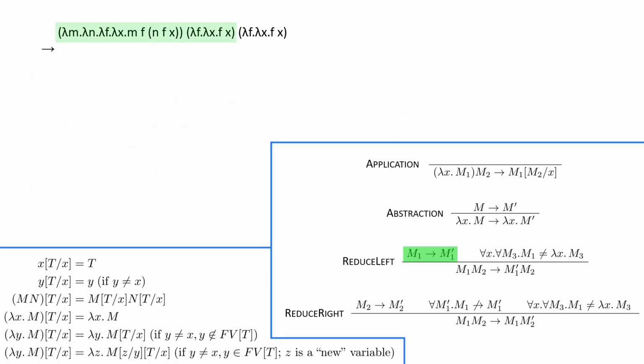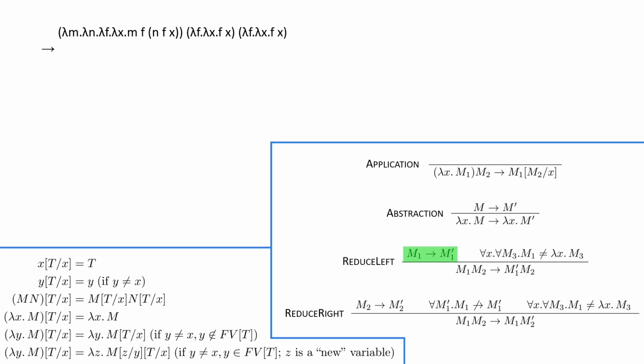M1 in this case is this sub-expression, which is an application, in which the rator is an abstraction. The application rule matches applications with abstractions as rators, and it has no premises at all, so this premise of reduce left is certainly true. Therefore, reduce left does apply.